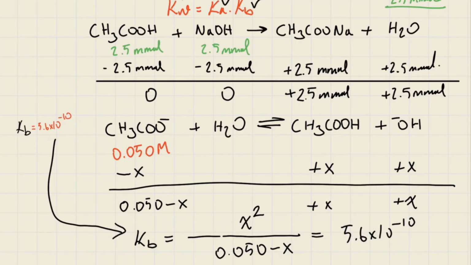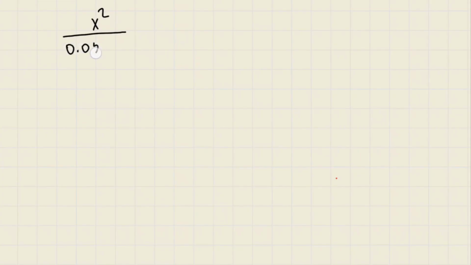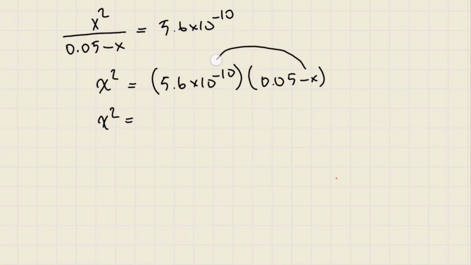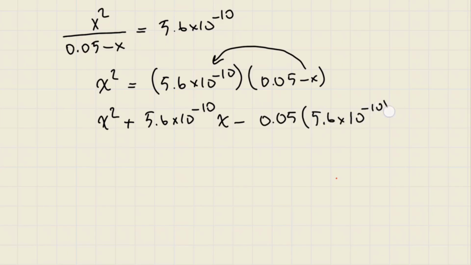And we can make the calculation. So X squared will be equal to 5.6 times 10 to minus 10 times 0.05 minus X, and X squared will be equal to plus 5.6 times 10 to minus 10 X minus 0.05 times again this number.